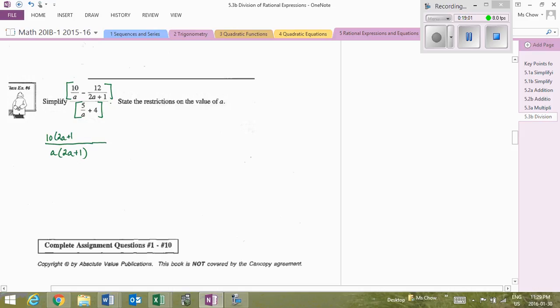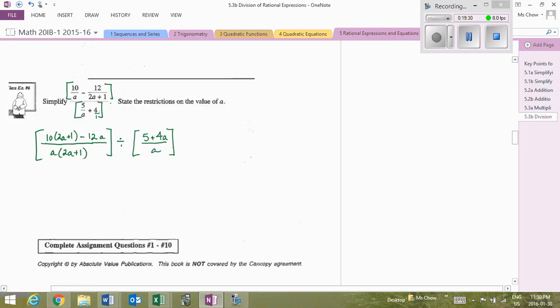It's a little bit longer, and minus, and that 12 needs to be multiplied by the a, and this whole thing will then be divided by a common denominator of a. So we've got 5 plus, and then 4 is over 1, so top and bottom needs to be multiplied by a, so 5 plus 4a then.